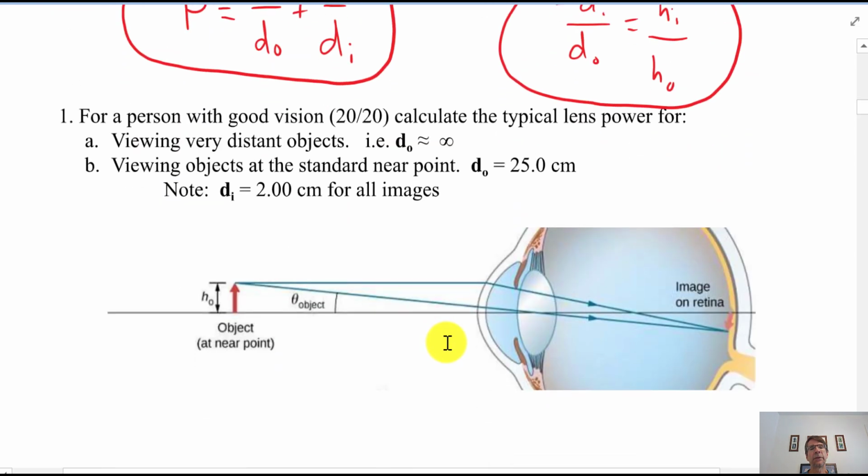All right, so here we go. This is kind of showing you the idea of how an object, in this case at a near point, that's part B basically, and how the image is formed by the lens and the cornea and so forth. It turns out that there's a lot of bending here. Basically each layer, and even different layers of the lens, bends the light a little bit differently.